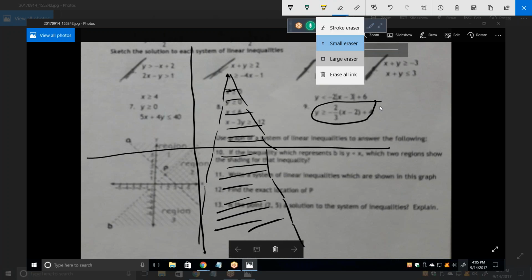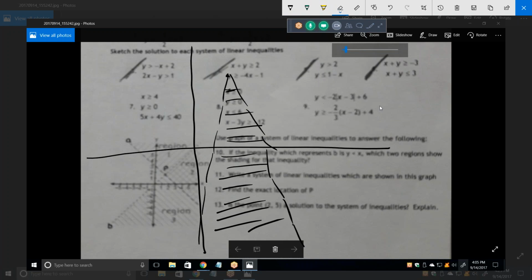Solid line or dotted line? Solid. How are we going to graph this? So the starting point is at +4. No, it isn't. Right. Oddly enough. In other words, the easiest way to graph this is to put it in y equals mx plus b format.